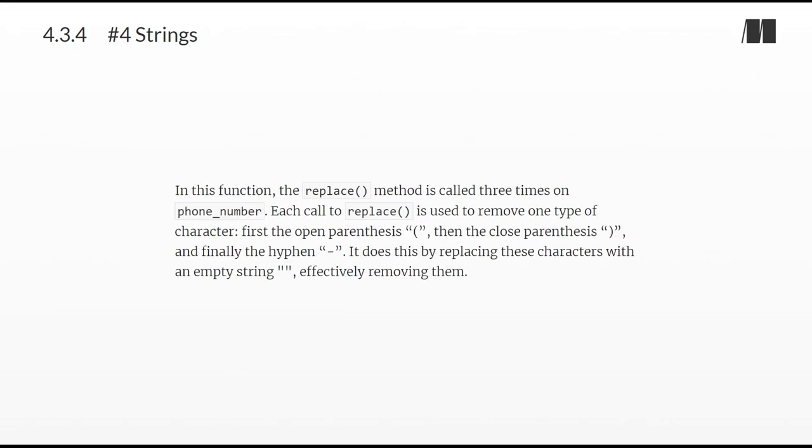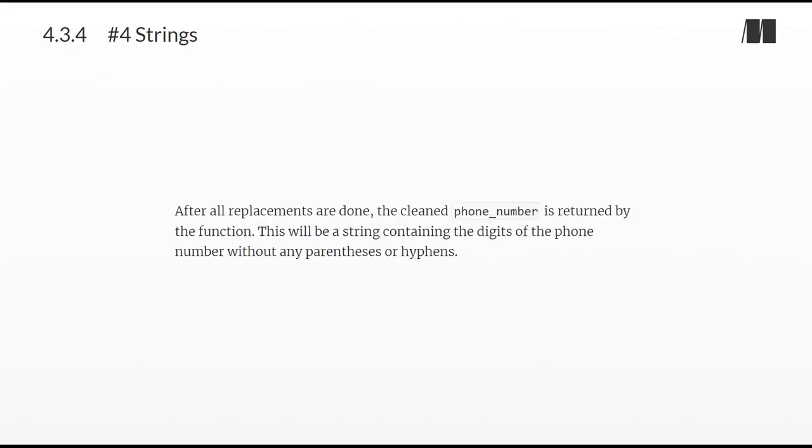In this function, the replace method is called 3 times on phone number. Each call to replace is used to remove one type of character. First the open parenthesis, then the close parenthesis, and finally the hyphen. It does this by replacing these characters with an empty string, effectively removing them. After all replacements are done, the cleaned phone number is returned by the function. This will be a string containing the digits of the phone number without any parentheses or hyphens.